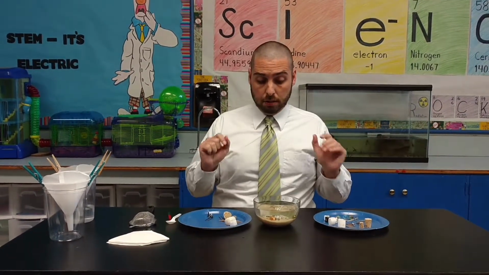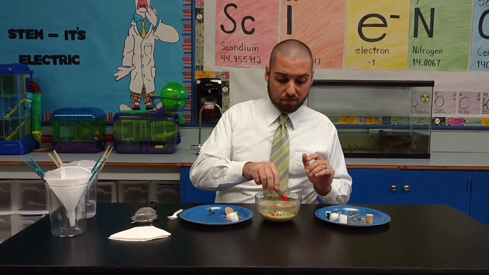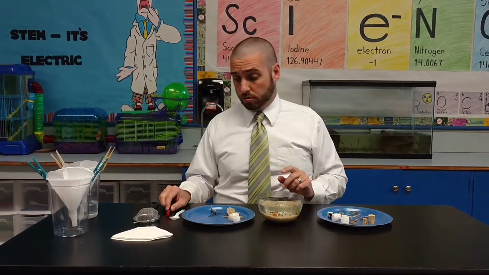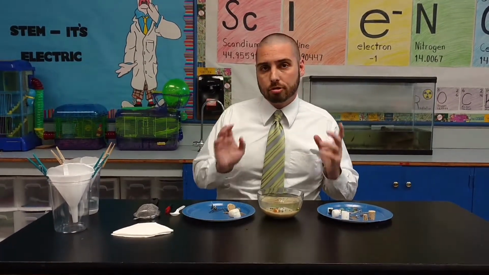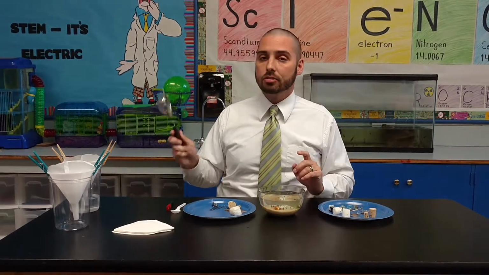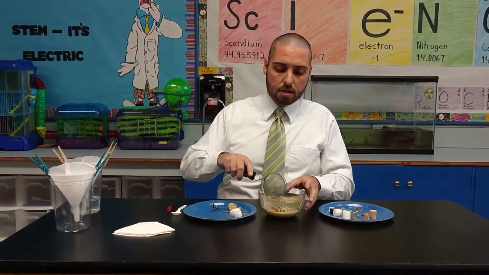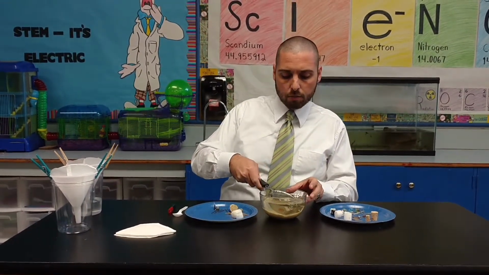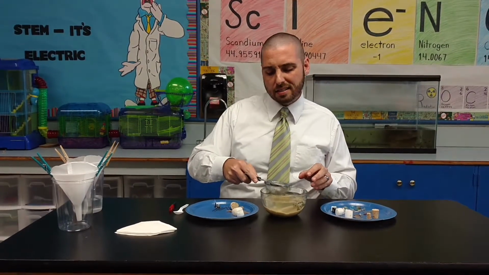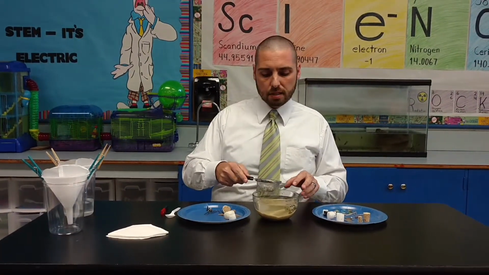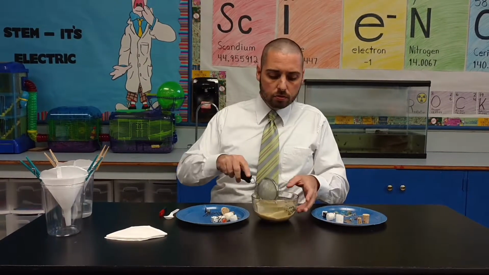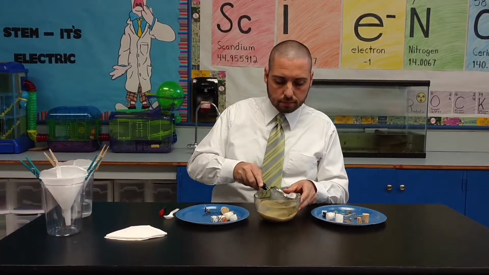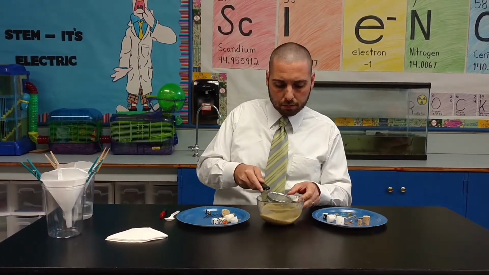Uh-oh. Well, what must we do? We must find another way to remove those coins and the other items that do not have magnetic properties. We can utilize a sieve. So I can model for my kids or instruct them to go ahead and take their sieve and dig up in there. And they can remove those items that have sunk to the bottom.